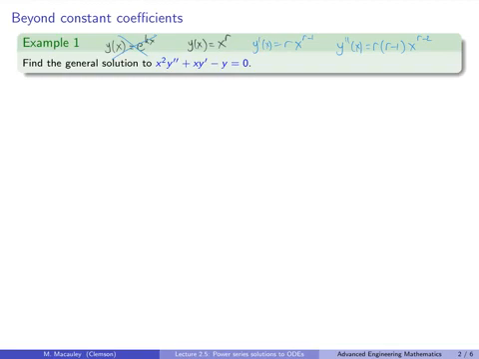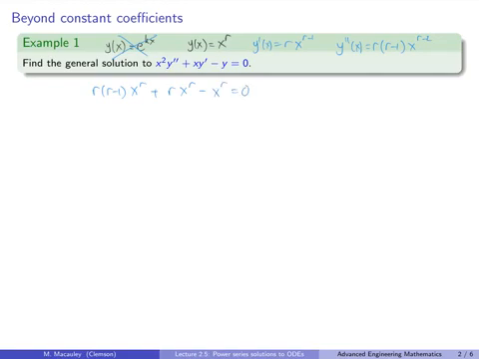Now let's plug these back in. The first term is x squared times this, so that's r times r minus 1 times x to the r. The next term, xy prime, that's x times r x to the r minus 1, so that's r times x to the r, then minus y, which is x to the r, equals 0.